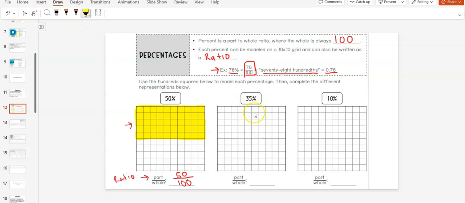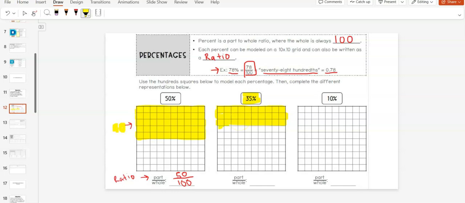Now we're going to do that again with 35. So because when I shaded 50%, I colored in 50 squares, you should realize that when I shade 35%, I'm going to shade in 35 squares. So I'm going to take 3 rows of 10. So that's 1, 2, 3.